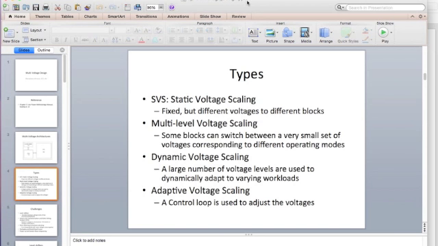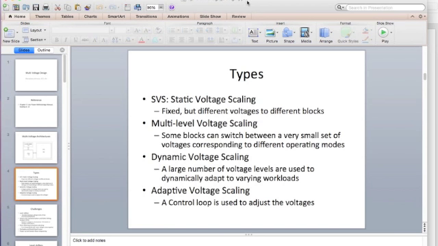Those voltages are fixed, so when the chip comes back, you have voltage regulators or some way of generating those specific fixed voltages for each block and providing them.